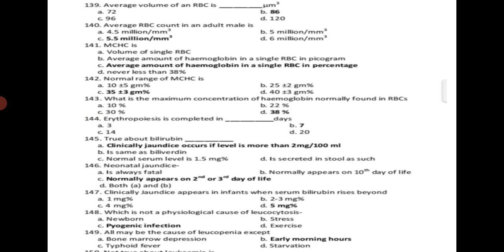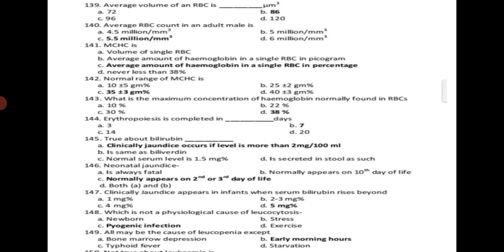Question number 139, average volume of RBC is 86 cubic micrometer. Question number 140, average RBC count in adult male is 5.5 million per cubic millimeter.